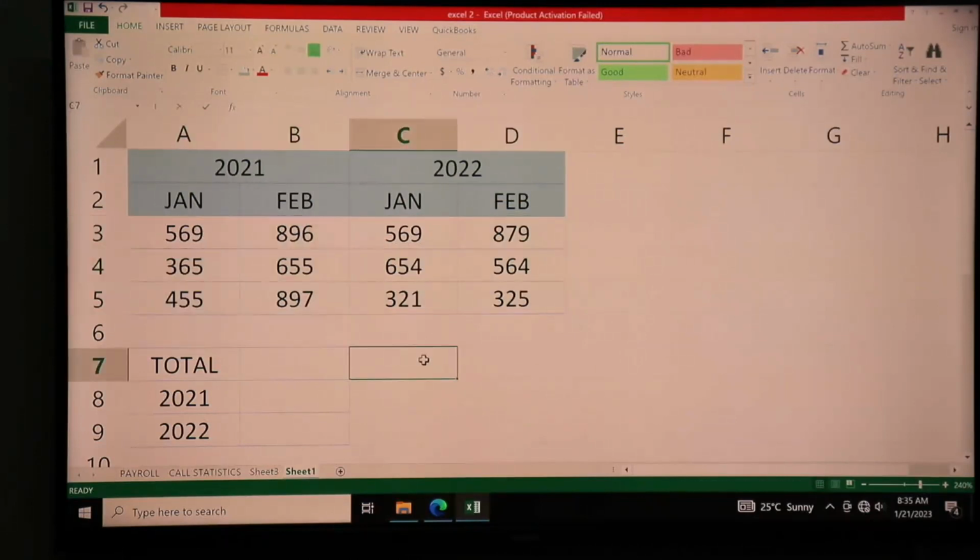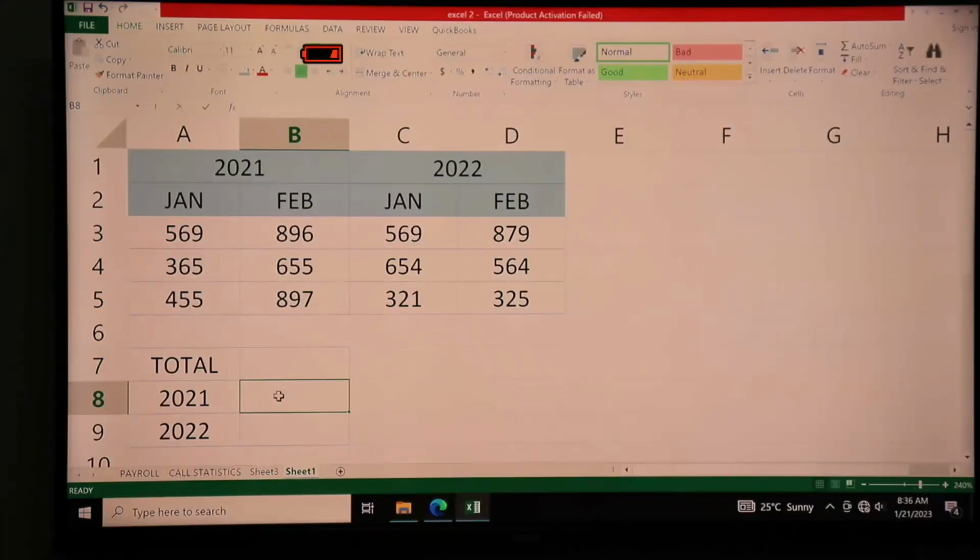So that makes our work even more easier and more flexible. Because in this situation, if you are to get the total of this, you don't have to use a very large range of cells. You just say that I really want to sum. What do I want to sum?